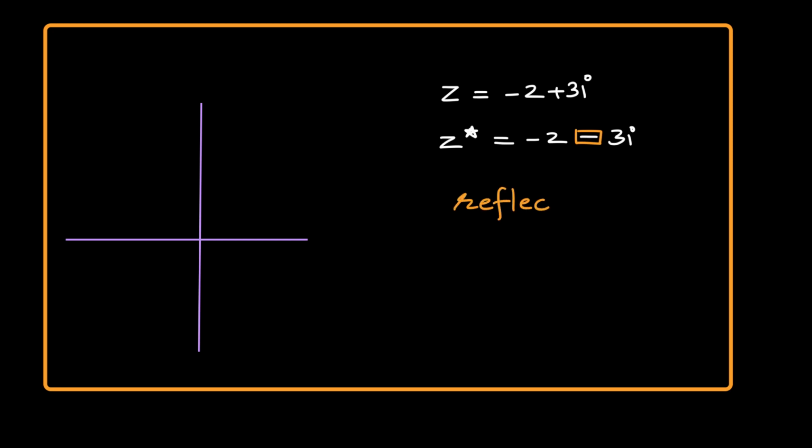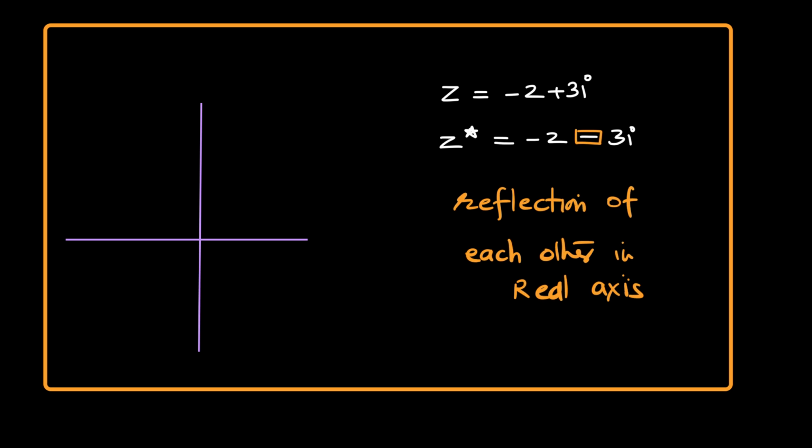Let me take z as -2 plus 3i and z star is -2 minus 3i. Again, the sign of the imaginary number changes and naturally they will be reflections of each other in the horizontal axis, which is the real axis.